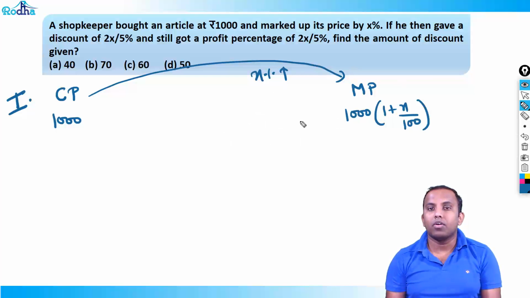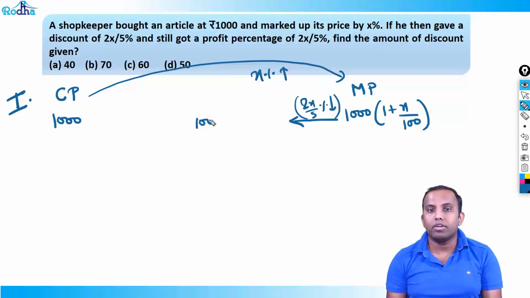Now, a discount of 2x by 5% is given. That means this value will further decrease by 2x by 5%.